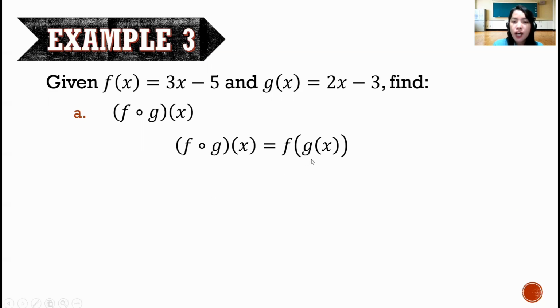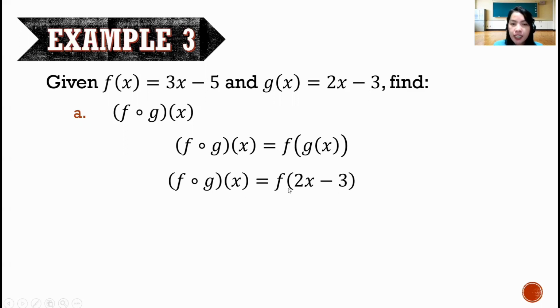So dito, ang magiging value mo na ng x sa function na f ay yung value ng g of x. Siya yung nasa loob ng parenthesis. In short, that is equal to f of the value of g of x is 2x minus 3.